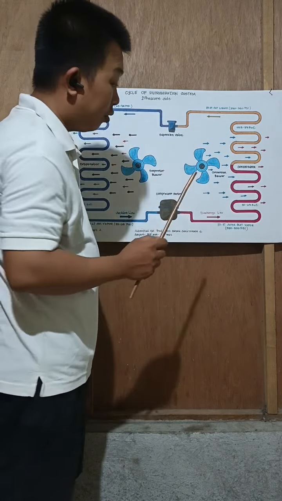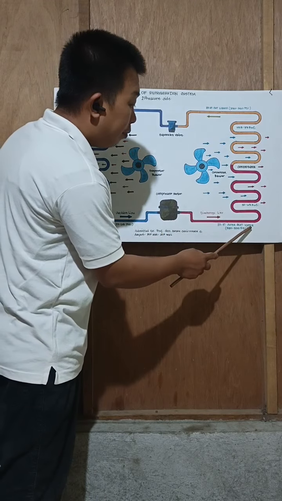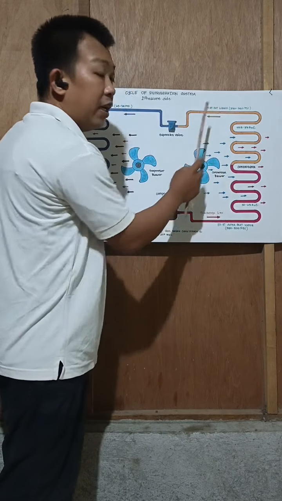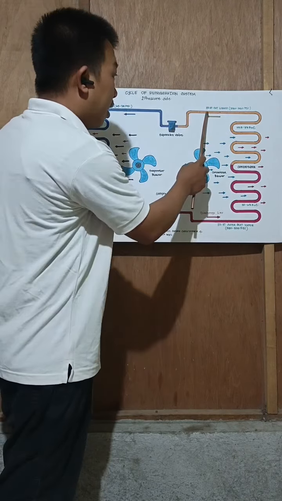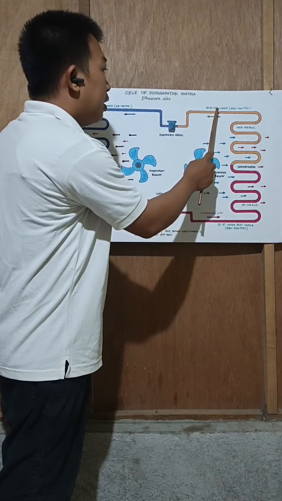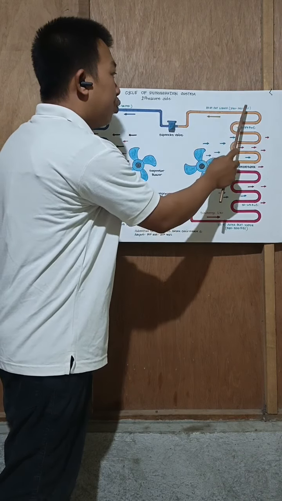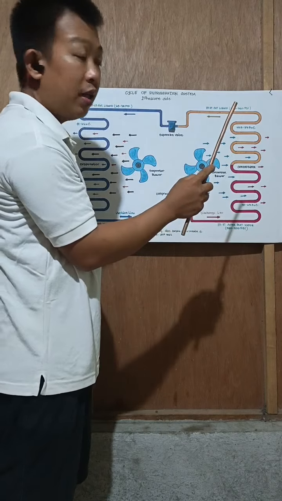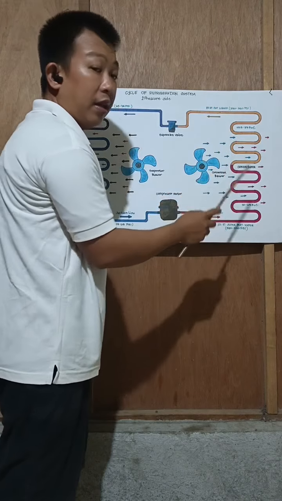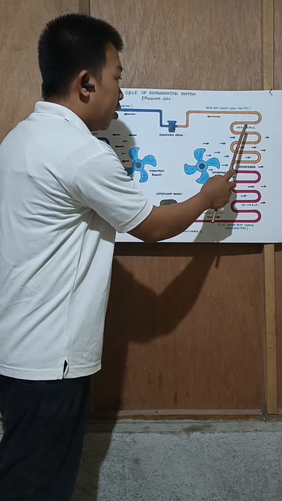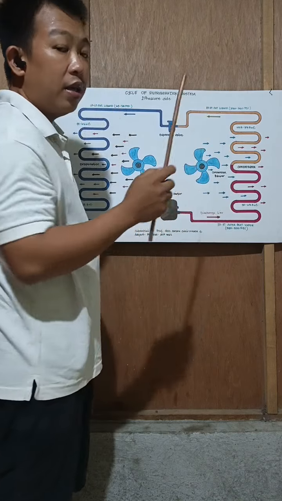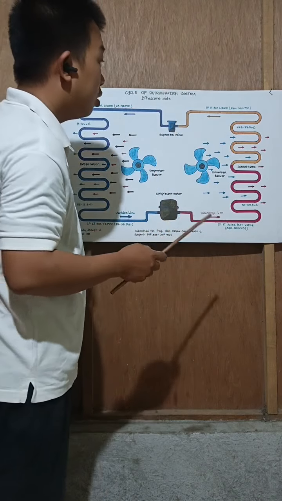As it cools down, it changes from the vapor state into the liquid state, a high pressure, high temperature saturated liquid at the pressure of 270 to 380 psi at the temperature of 63.8 to 57.7 degrees Celsius.